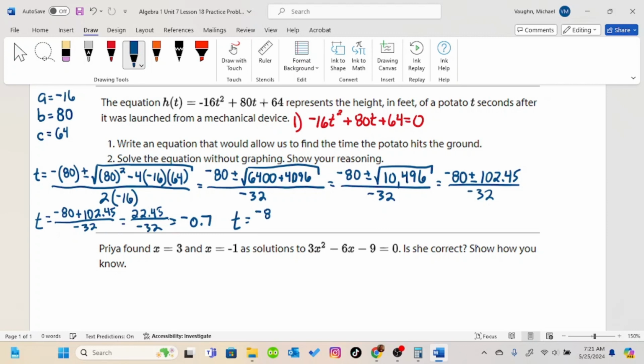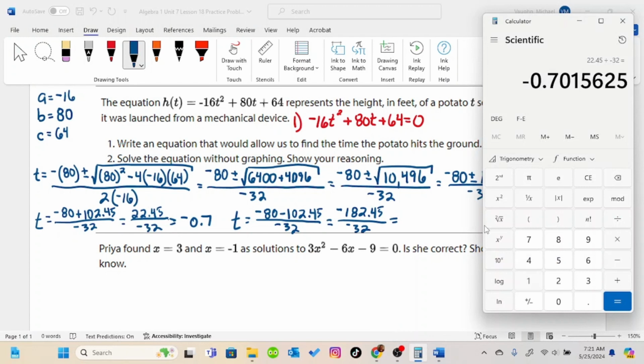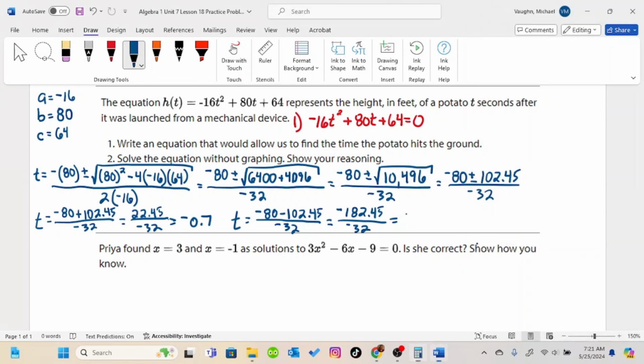The other option is that we subtract 102.45. This would give us negative 182.45, and when divided by 32, we would get 5.7.